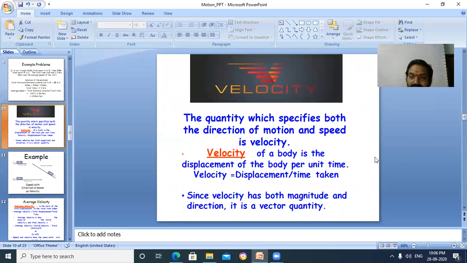Next, velocity. As I just told you, it is a change in displacement with respect to time. So velocity is the rate of change of displacement. It is a vector quantity because it has both magnitude and direction.